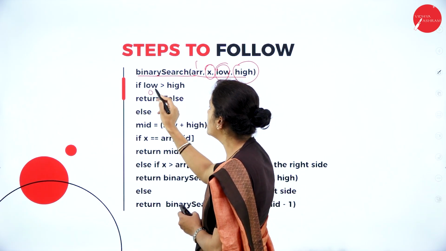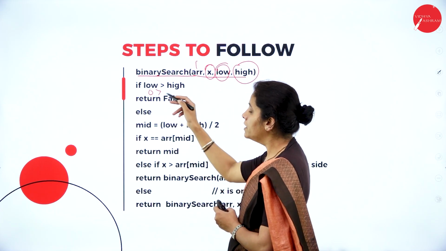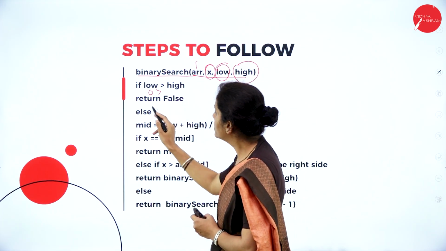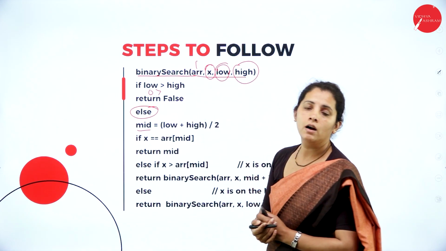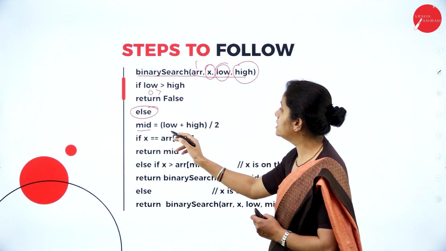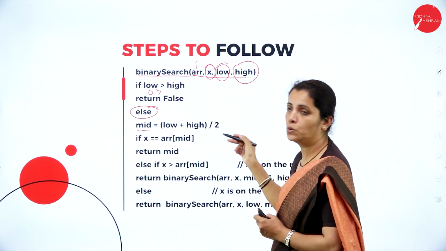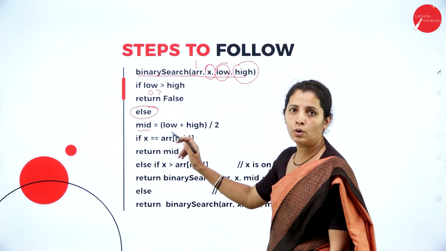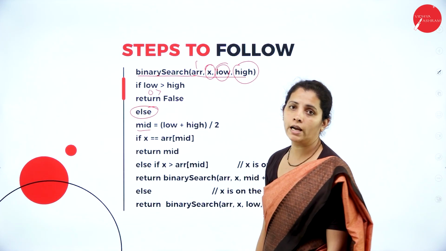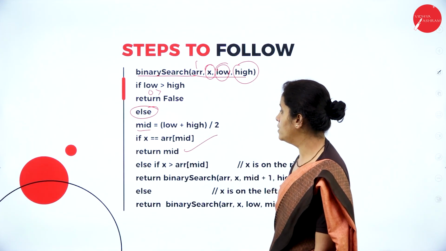If low is greater than high, it returns false, else mid. How to find mid? That is low plus high divided by 2. Then I'll compare key equal to array of mid. If it is true, I'm going to return the mid value.